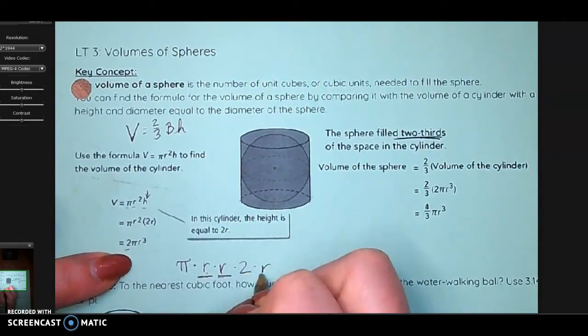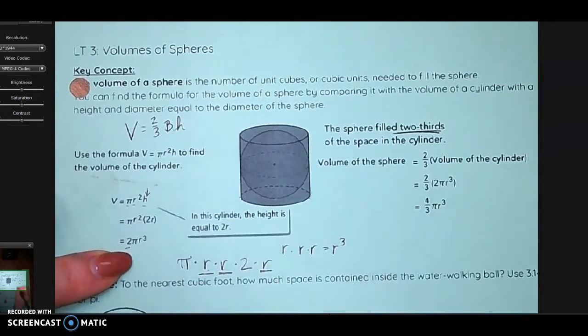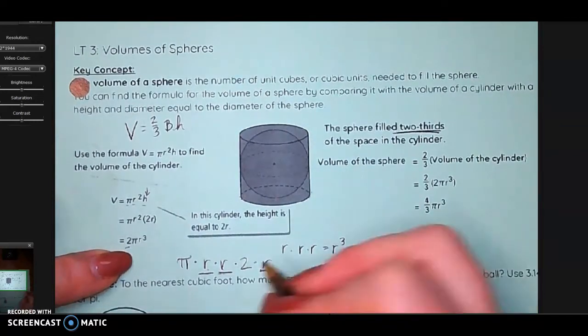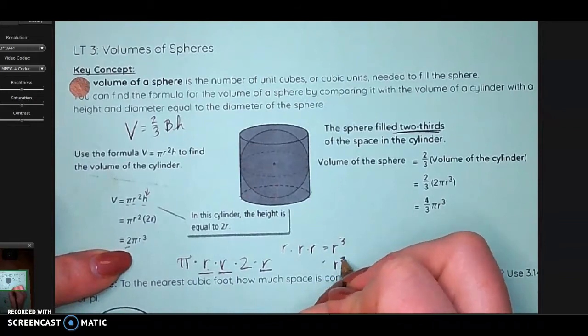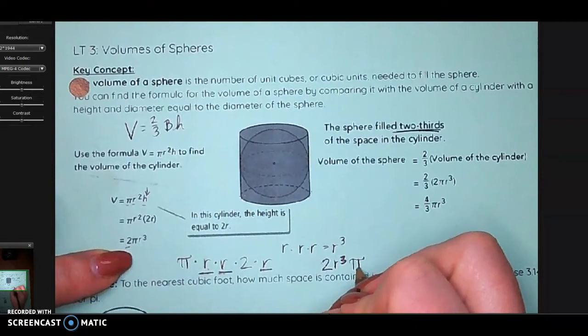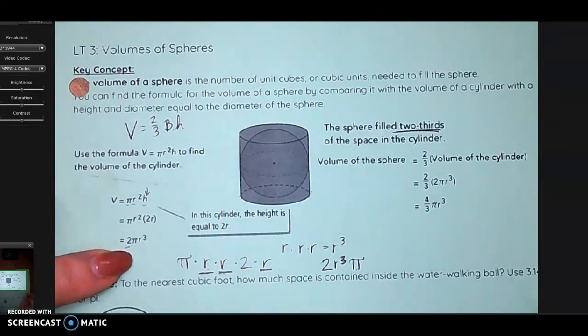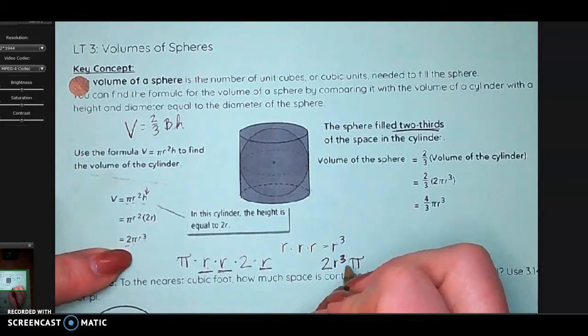I'm combining these because r times r times r is r cubed. Then I still have the 2, which I'm going to put up front as the coefficient, and then I'm just tucking in the pi symbol there, and I can flip-flop those because this is all multiplication.